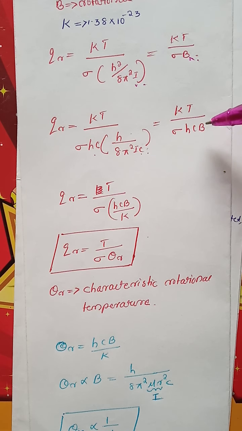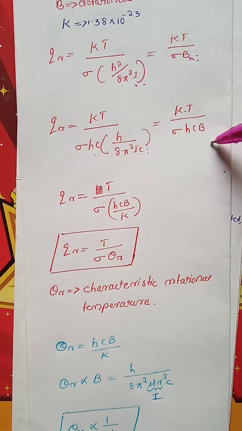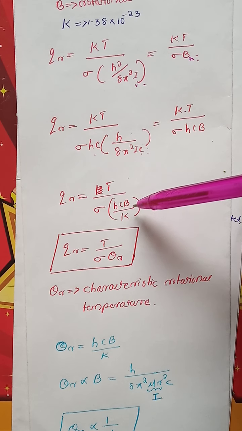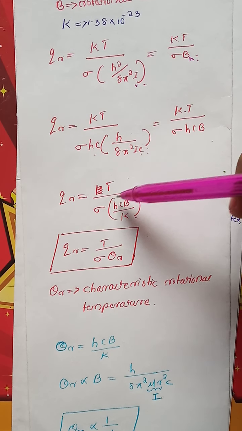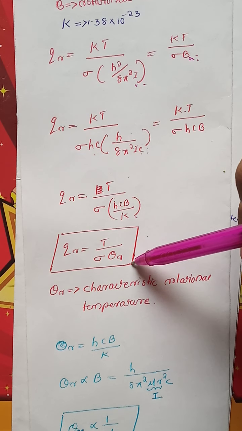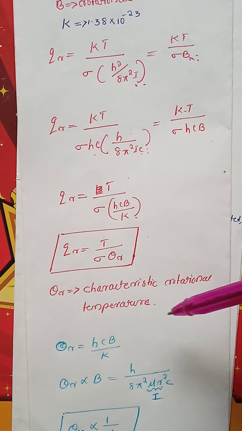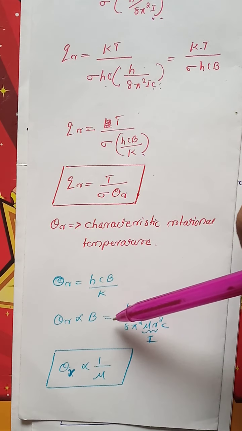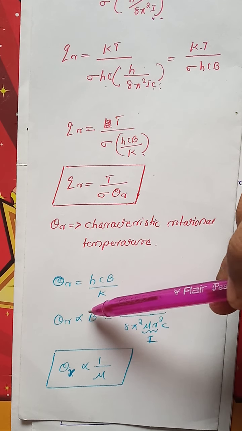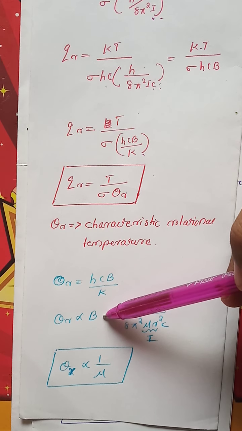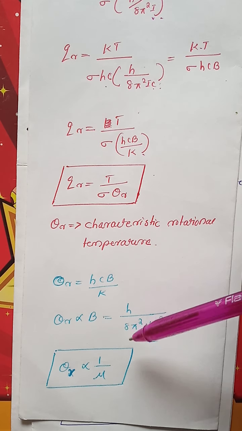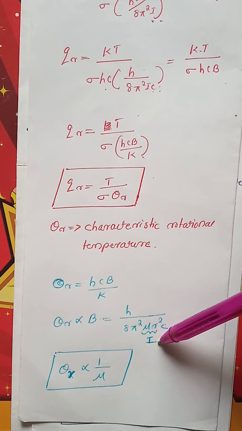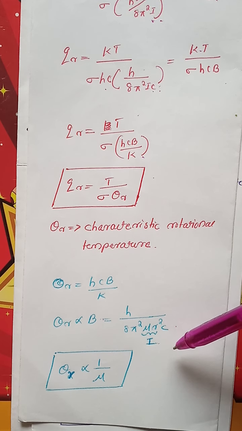And from this equation, if we take this k to the denominator, our equation becomes qr is equal to T by sigma times hcB by k. And this term can be written as theta r, the characteristic rotational temperature. From this relation, we have proportionality relations: qr is inversely proportional to theta r, and we know that B is h by 8 pi square Ic, and I can be written as mu r square, where I is the moment of inertia.